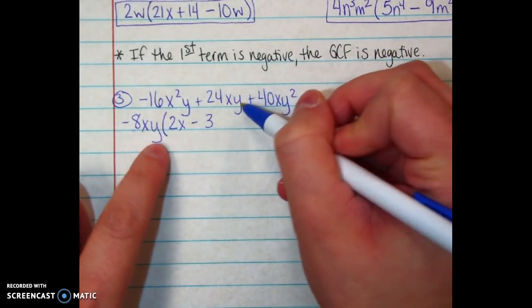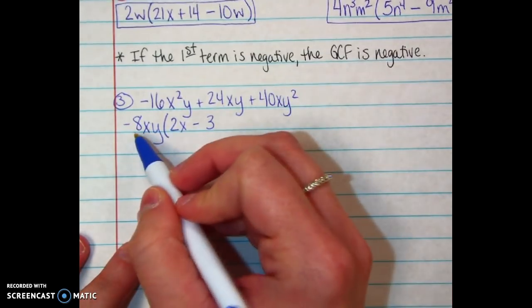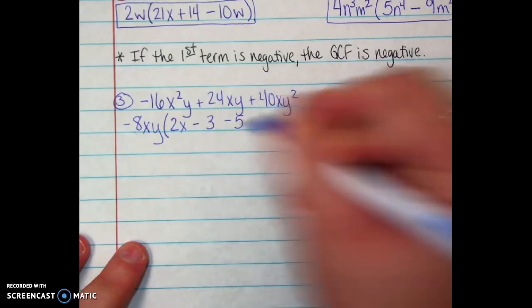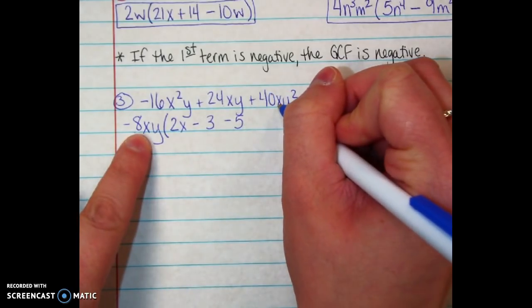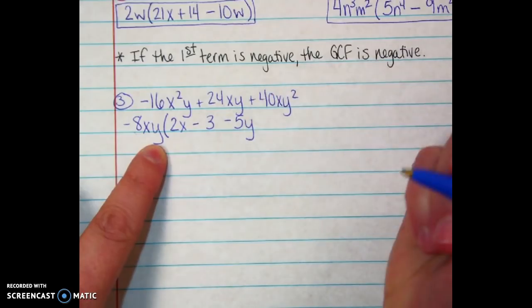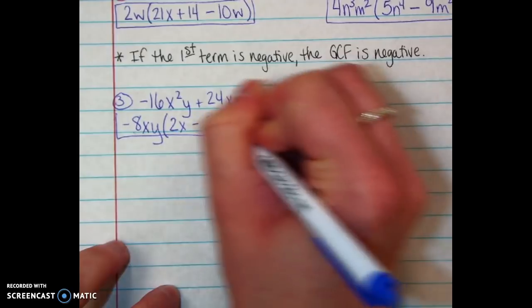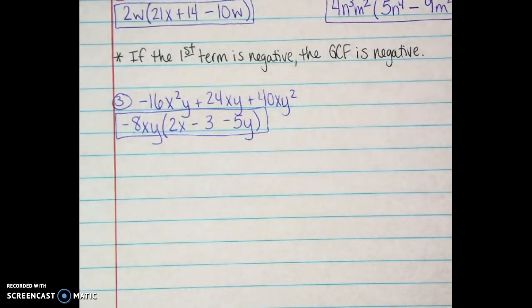No x's, no y's, they all cancel each other out. 40 divided by negative 8 is negative 5. X's cancel each other out, but y's, I do have 2 minus 1, so I do have 1 left over. And that's that. So it didn't change much, just a little bit.